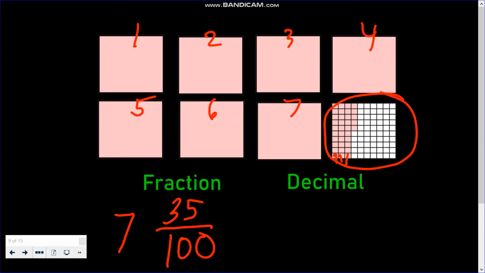So we have 7 as our whole number, and 35/100ths is our fraction. So we have 7 and 35/100ths. In writing this fraction into decimal, we will take 7 as our whole number, followed by a decimal point, and then write 35 after the decimal point. So we can read this as 7 and 35/100ths.